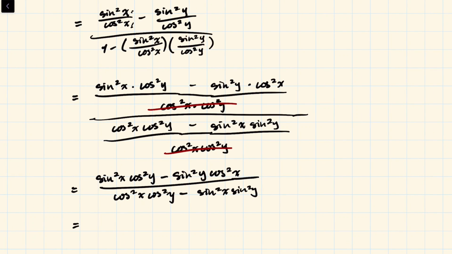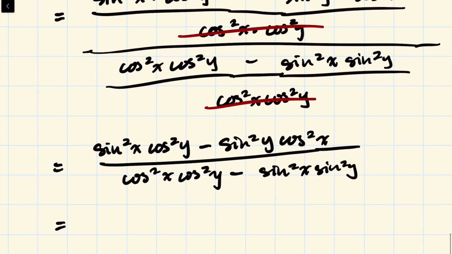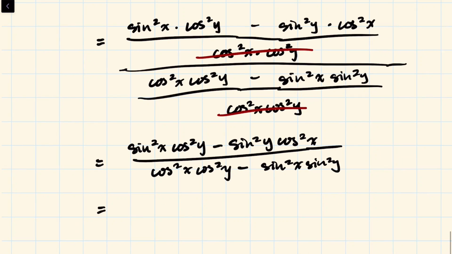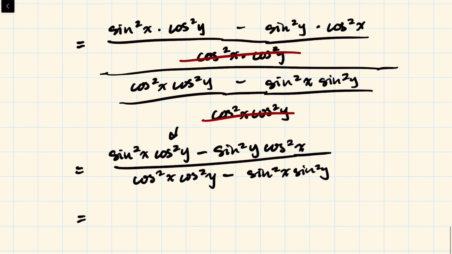Okay? And so now if you notice, we'll be able to factor a couple things out here. Or actually, before we do that, I will use the Pythagorean identity to get rid of some of these cosines here.